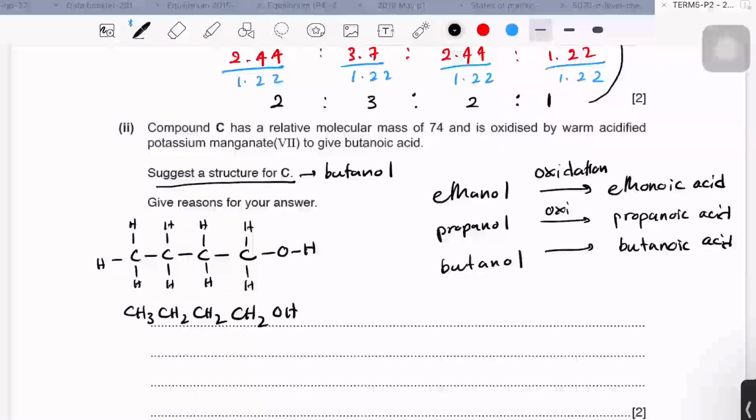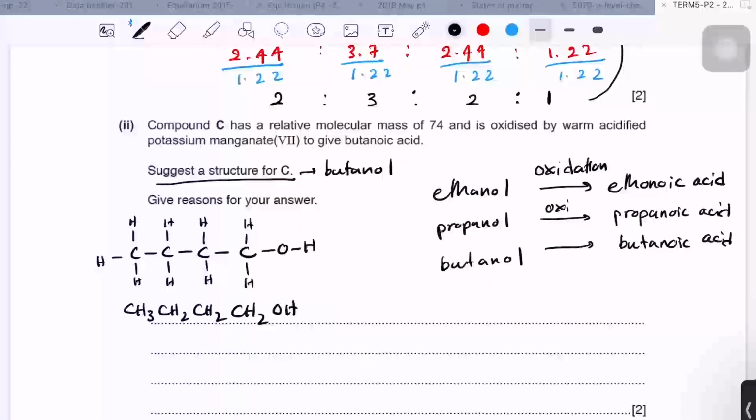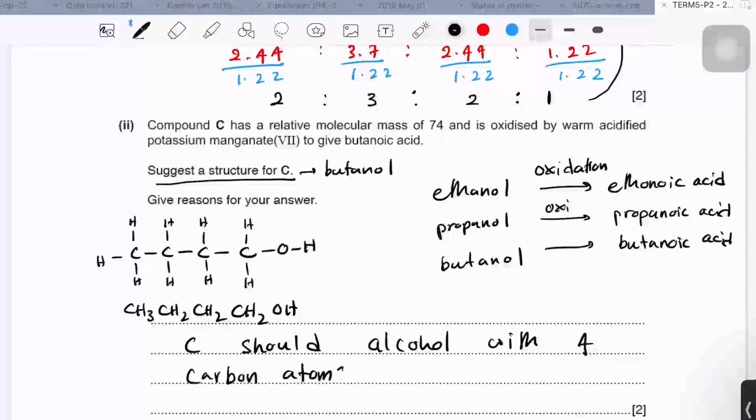Right, so we can write down: C should be an alcohol with 4 carbon atoms. Butanol produces butanoic acid, pentanol will produce pentanoic acid.